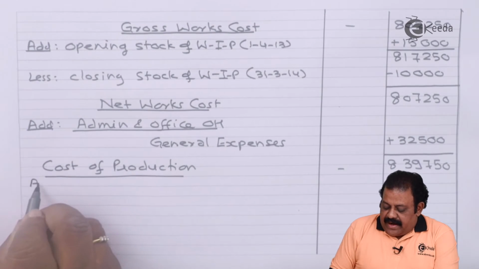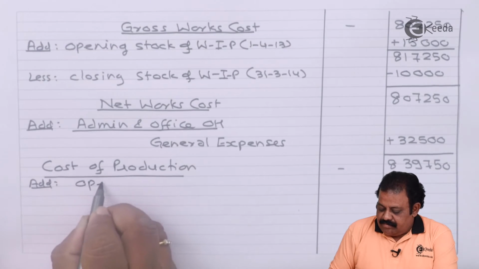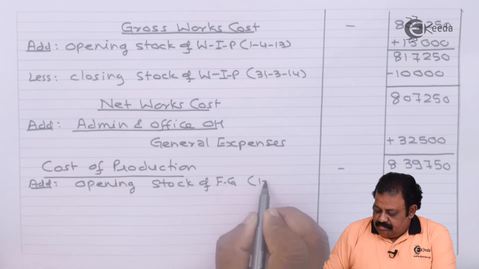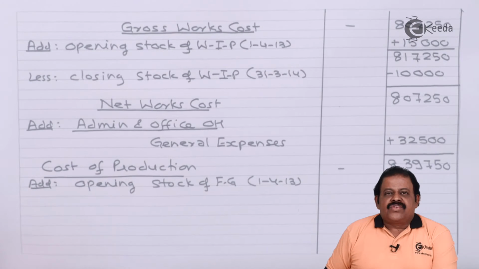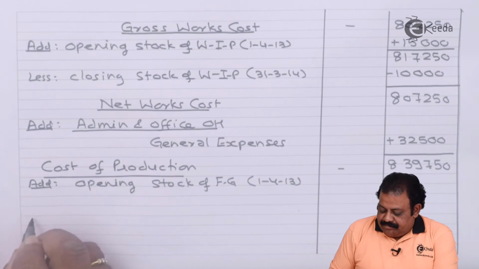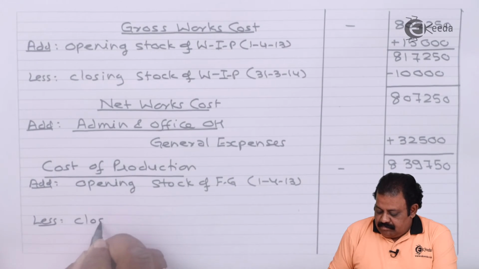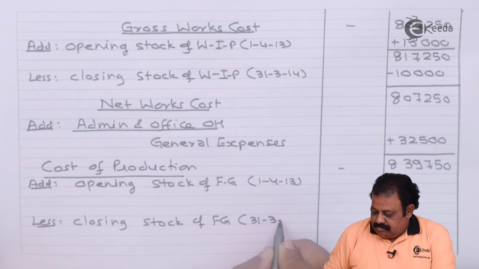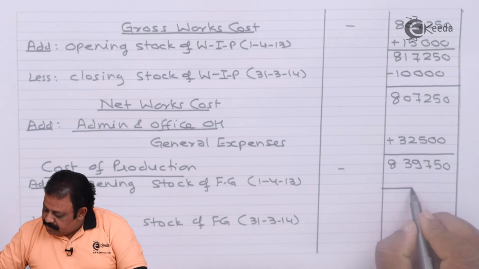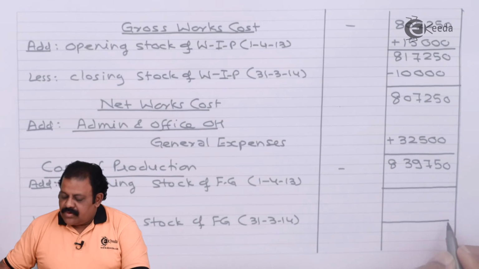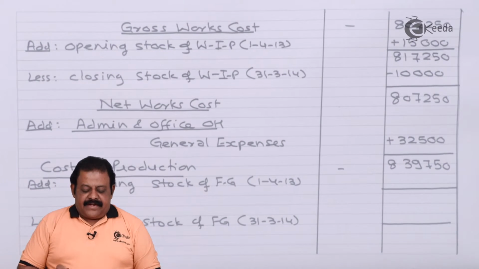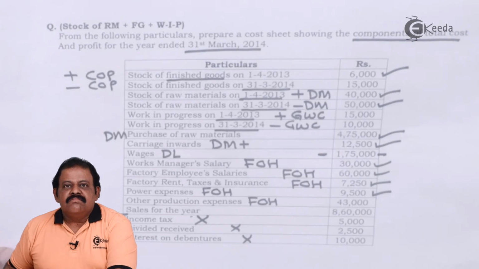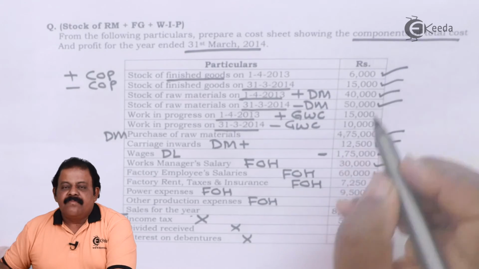To this we are required to add opening stock of finished goods, and closing stock of finished goods will be subtracted. Here we have opening stock of finished goods 6,000, closing stock of finished goods 15,000.